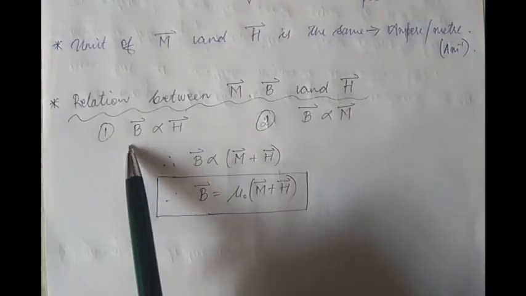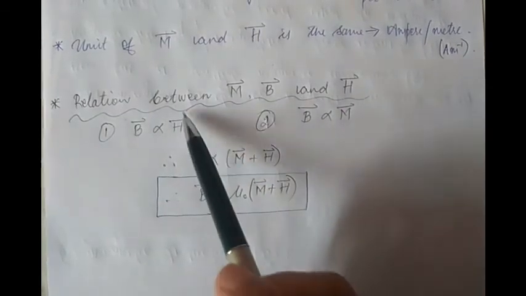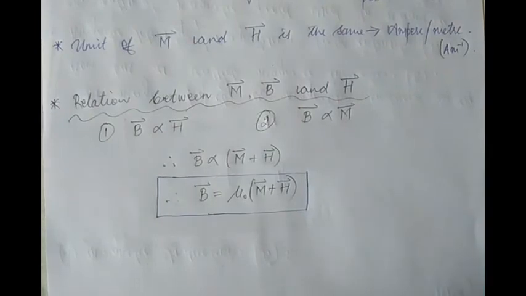Now, the induced magnetism or magnetic induction that is generated in the substance itself is seen to be more than the external magnetizing field also. Because the magnetic induction depends on the external magnetizing field also. More the external magnetizing field, more will be the magnetic induction.